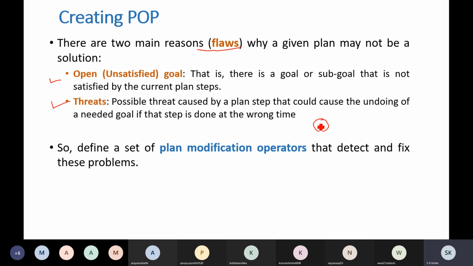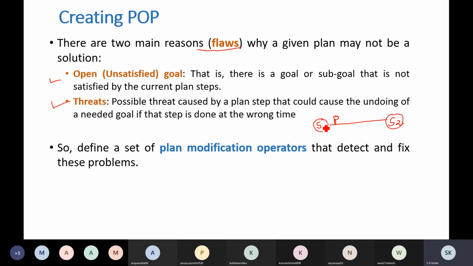For example, there is a state S1 and another state S2. The effect of S1 is some predicate P, that means P has to be true, which is a precondition for S2.